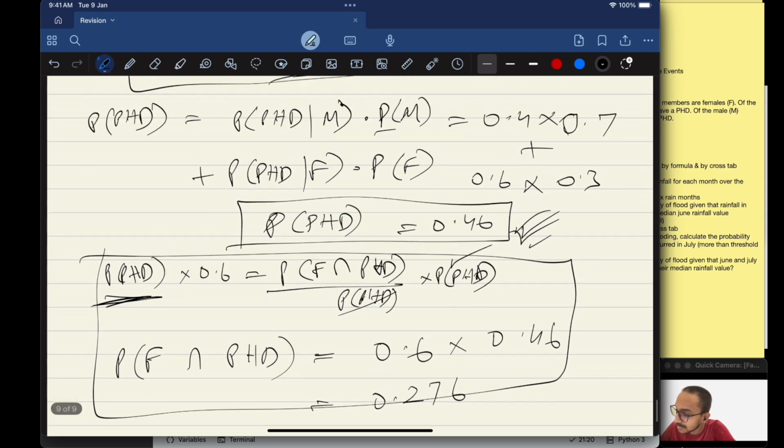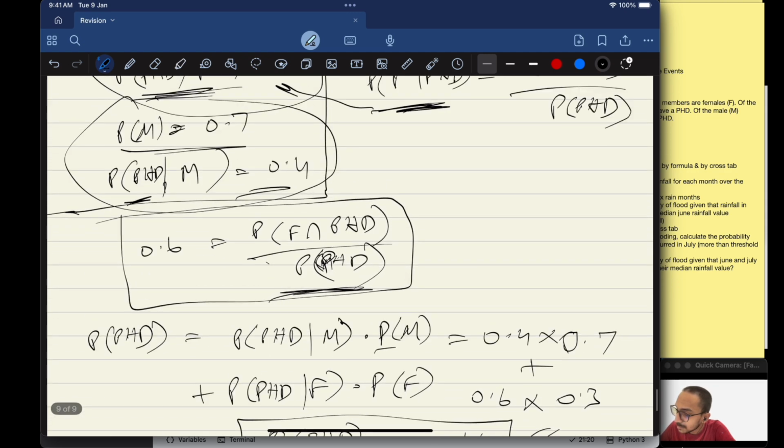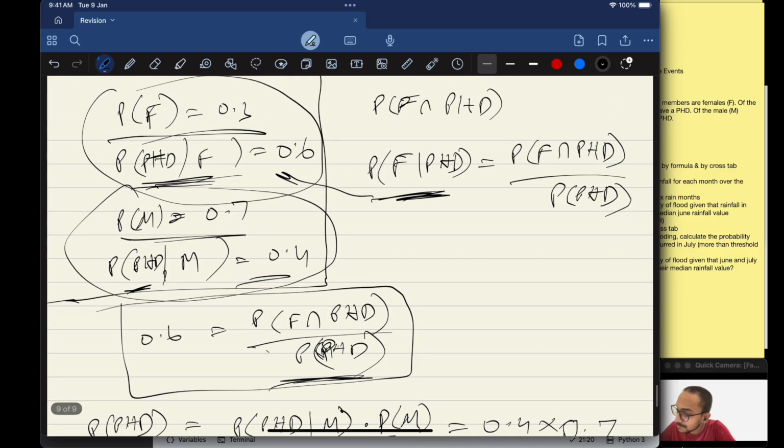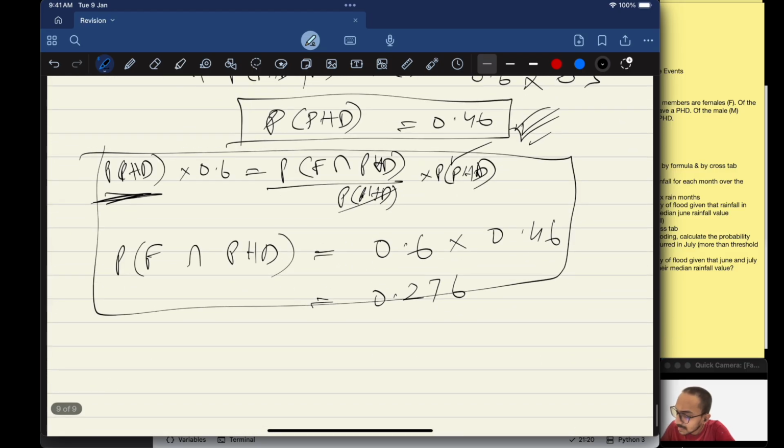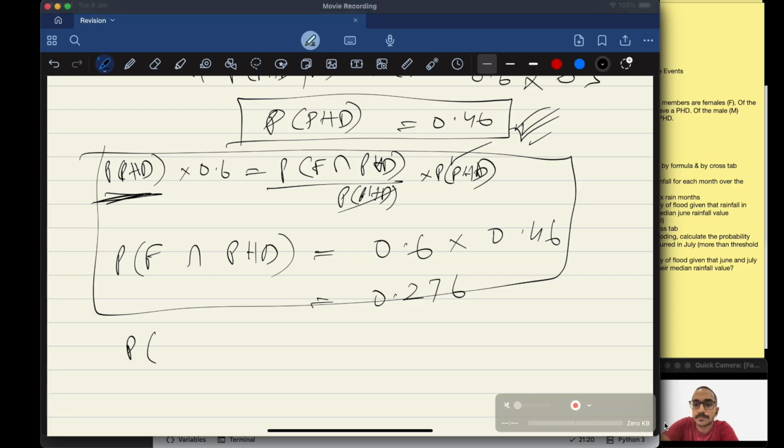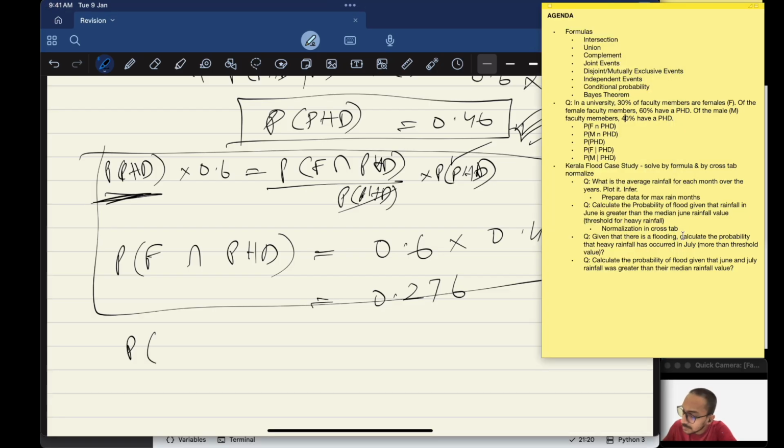The total probability we computed for PhD, but the ask is P of female intersection PhD. This is the same as P of PhD intersection female, right?